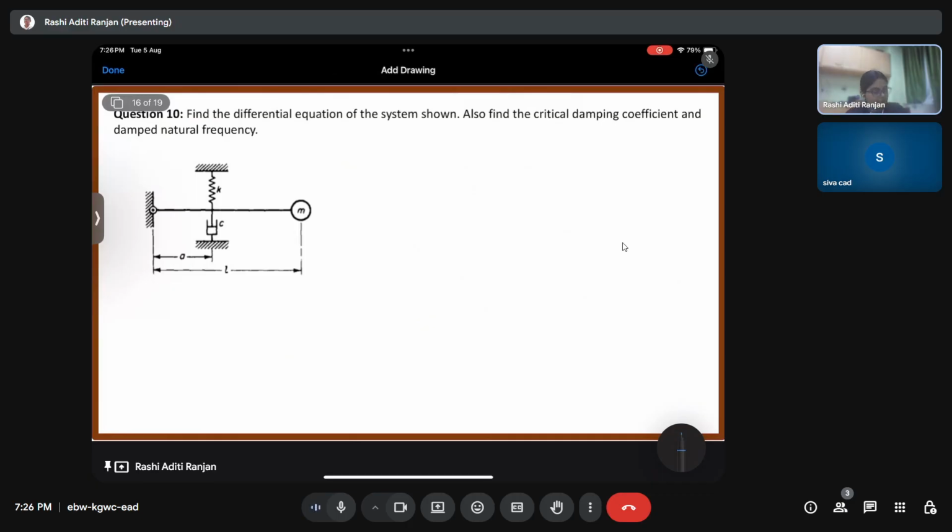Now, if you remember, for a system like this, m x double dot plus c x dot plus k x, we found out the roots and on the basis of that we found out the critical damping coefficient and everything. So Cc was twice the under root of mk, omega n was under root k by m, and then omega d was under root of 1 minus eta square into omega n, where eta was c by Cc.